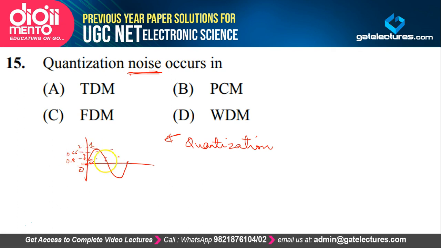If I take more levels, noise is going to be less. So this type of noise which occurs due to approximation is known as quantization noise, and it occurs in PCM. PCM is pulse coded modulation. Why? Because in PCM we apply an analog signal and we want digital output, right? So the answer is going to be B, PCM.